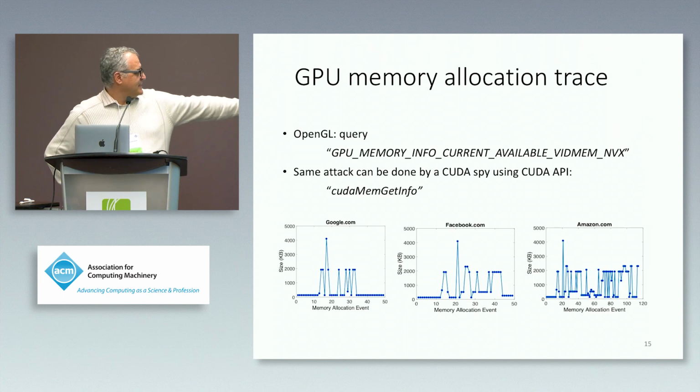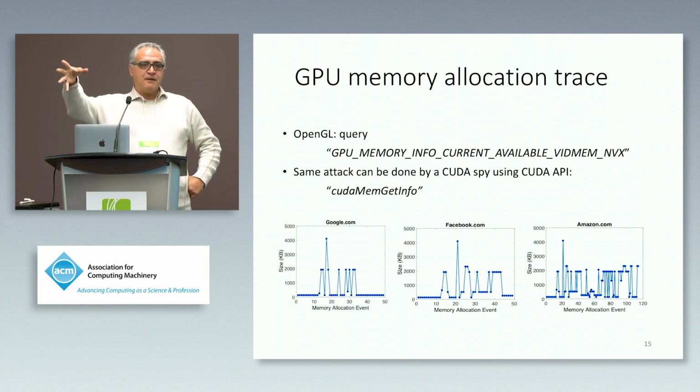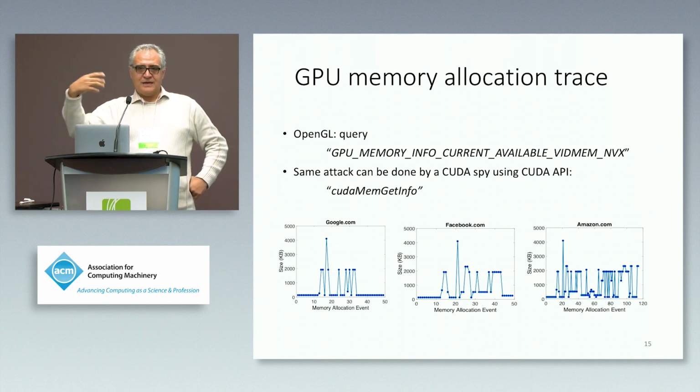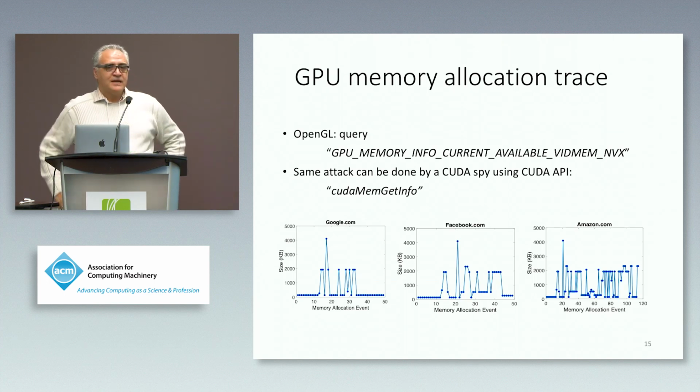You see a time series signal that says, here are the allocations that are coming as they open a page. You're rendering a lot of objects. Each of them gets rendered separately on its own rendering operation, and you see time series signals.